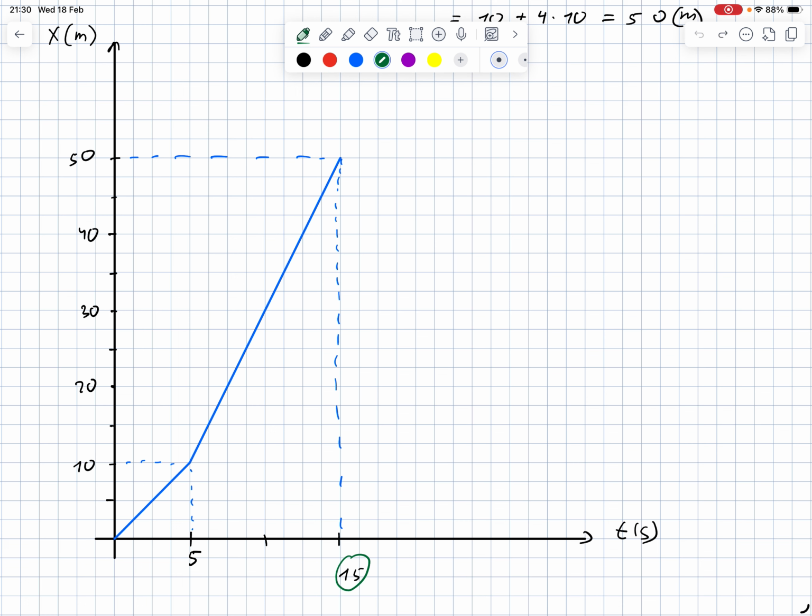Okay, and if you notice, the slope is actually velocity: the slope would be 2 meters per second for the first segment, and the velocity equals 4 meters per second for the second segment or second interval of time.